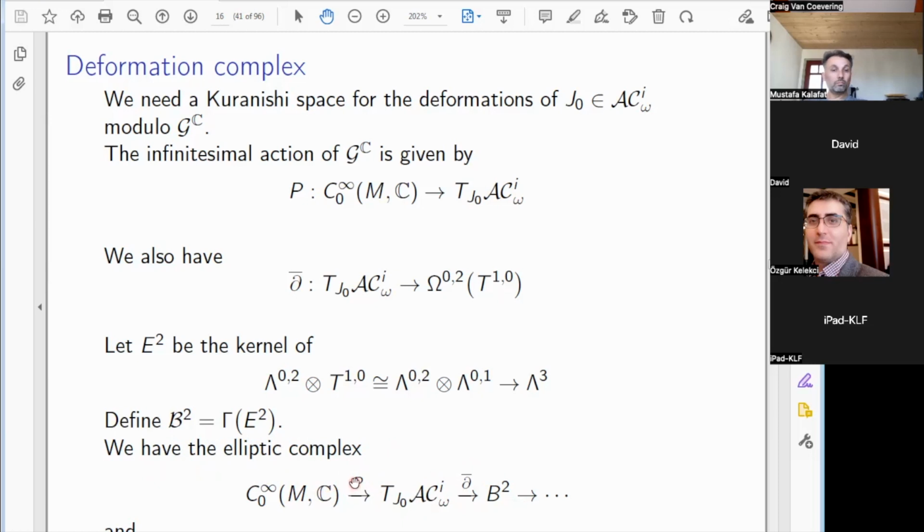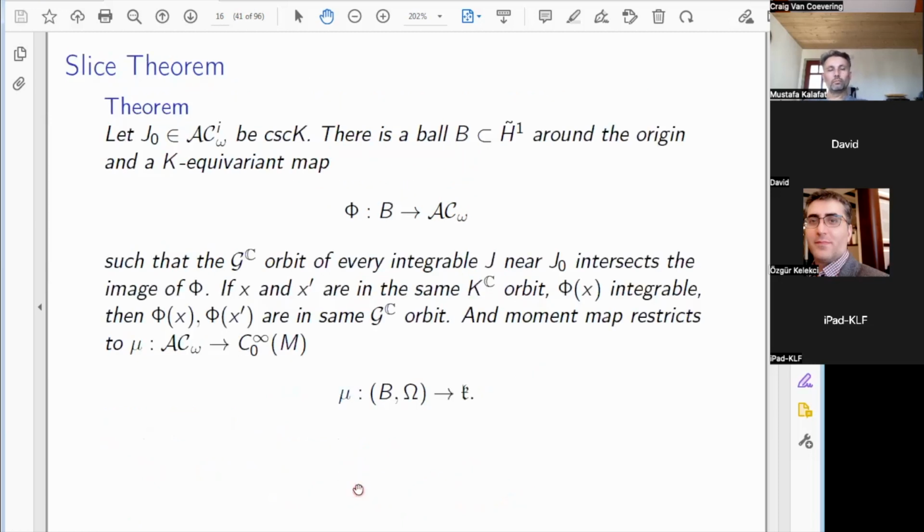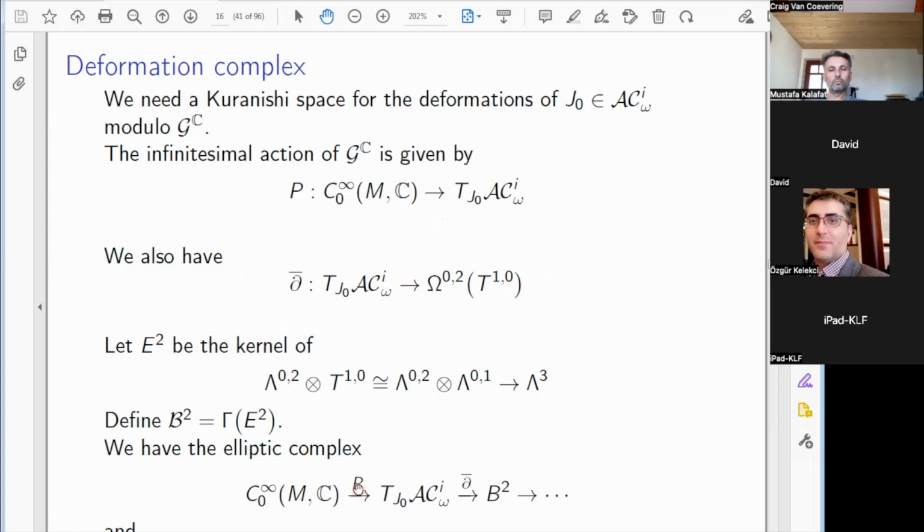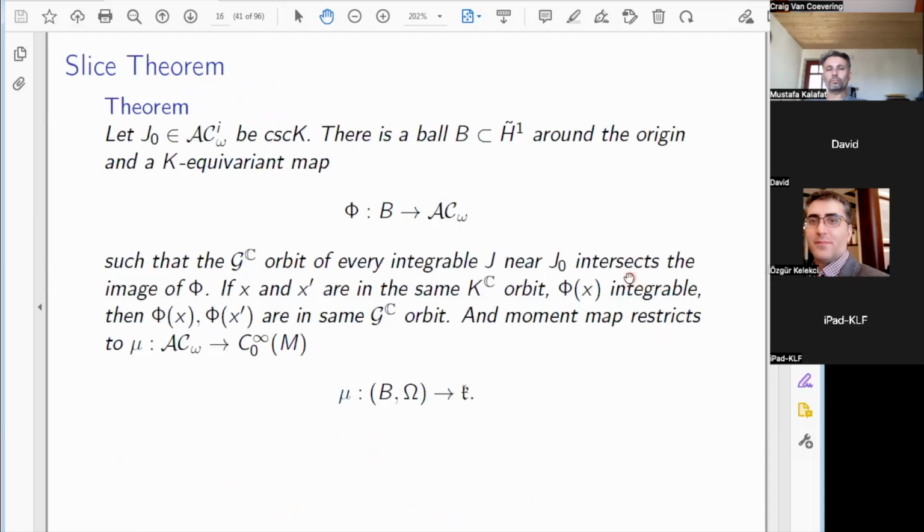So this is the second order operator P. So the paper I'm working on, I work out the Kuranishi theory in this context, which kind of follows the same pattern as Kuranishi's papers, but with other difficulties.